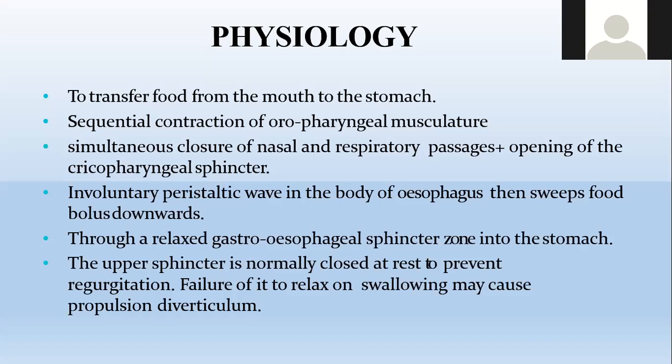After that, there is an involuntary peristaltic movement in the body of the esophagus when the food enters it. Then the food, in the form of a bolus, goes downward into the stomach. At the lower part of the esophagus is the gastroesophageal sphincter, or lower esophageal sphincter. It's a part of the esophagus, and a very important structure.